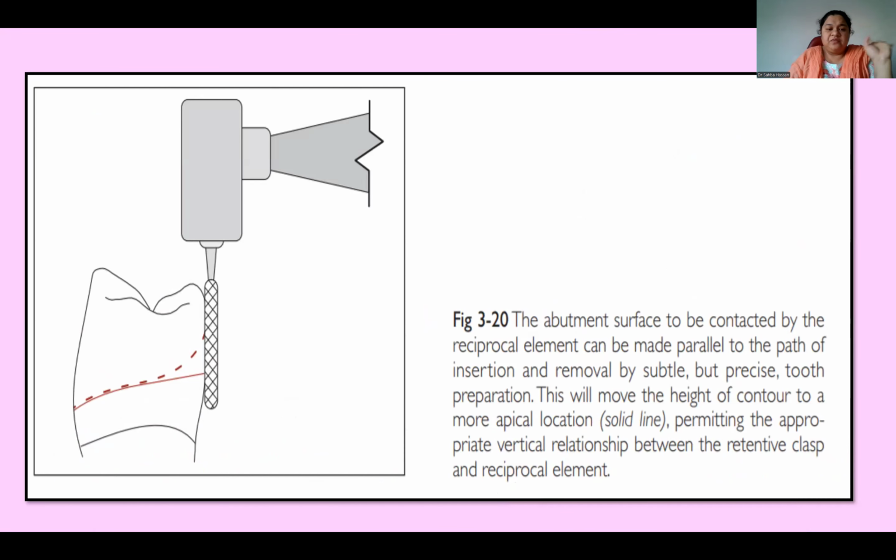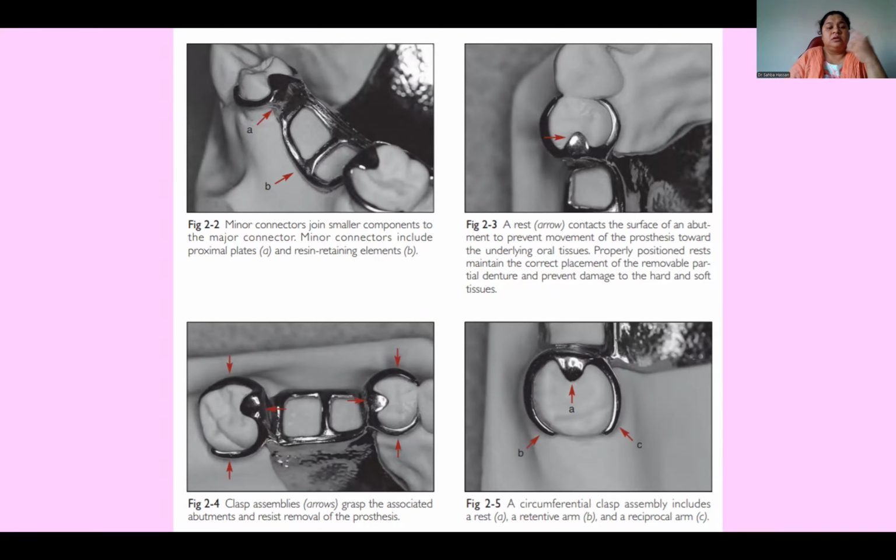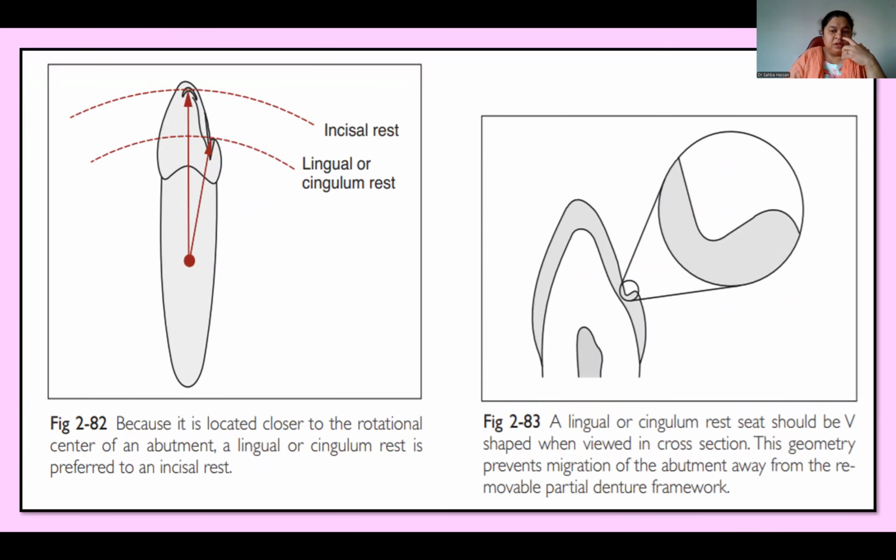So in rest, you have to go into detail. The abutment surface to be contacted can be made parallel to the path of insertion. See, this is very important. I wanted to show in my diagram, whether you are giving an incisal rest or a cingulum rest.